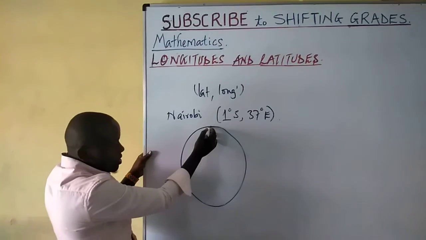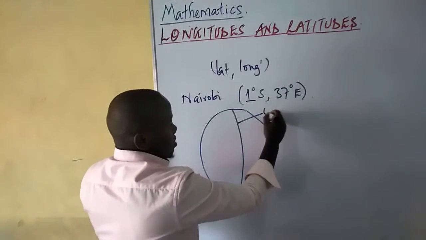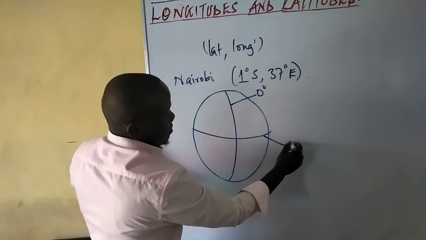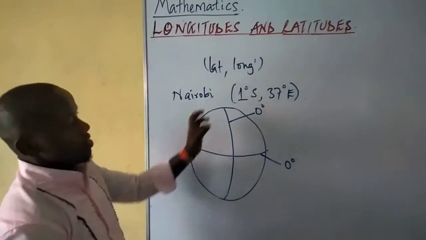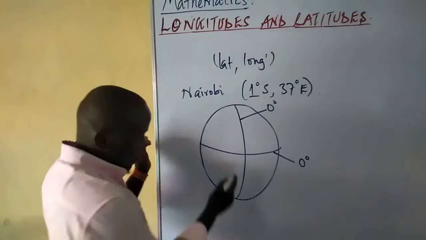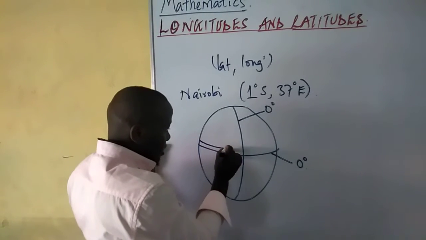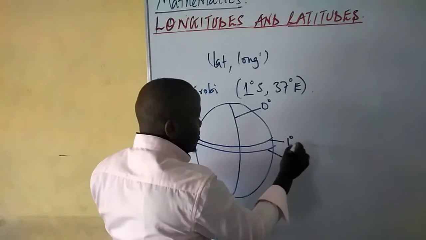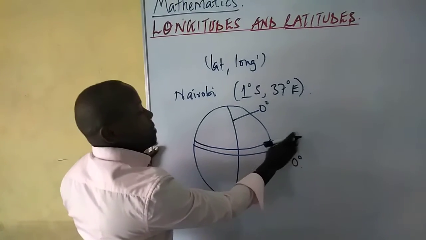Then you mark 0 degrees prime meridian and 0 degrees equator. The coordinates of Nairobi say that Nairobi is 1 degree south, so a latitude of 1 degree south. Sorry, south should be below.